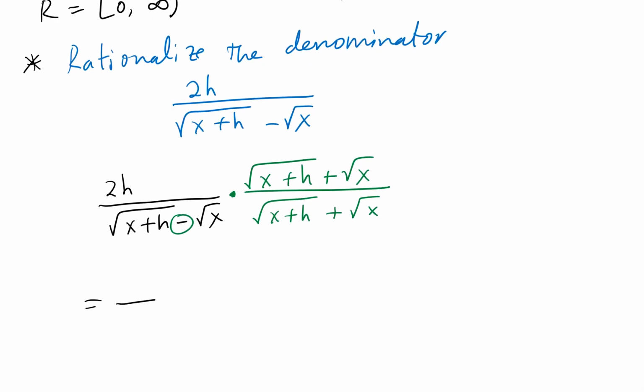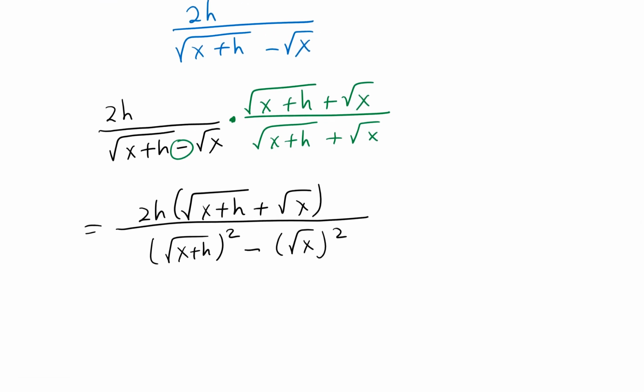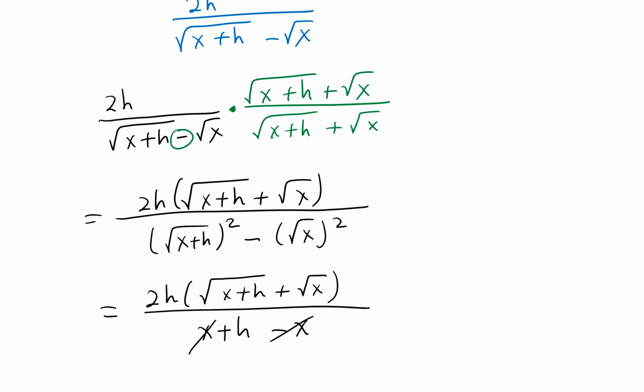So that gives us, keep the top the same, 2h times all of this. In the denominator, they're the same with different signs, so that's a difference of squares, like a squared minus b squared. Then keep the top the same. This is x plus h minus x. These cancel out.